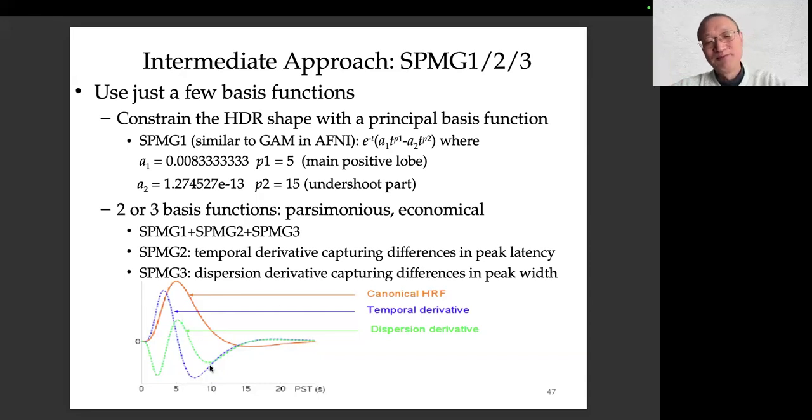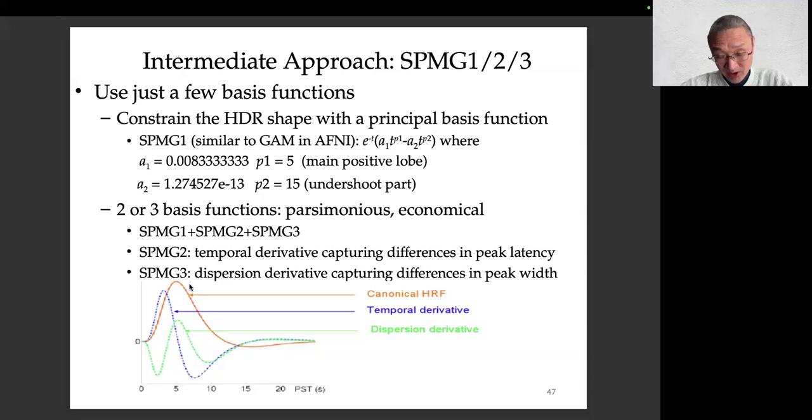The green curve is called a dispersion curve. That's the second derivative of the canonical HRF. What does that do? It helps us change the duration of the peak, making it either narrower or wider, fatter. Those 2 auxiliary curves, or basis functions, help us improve the fitting.